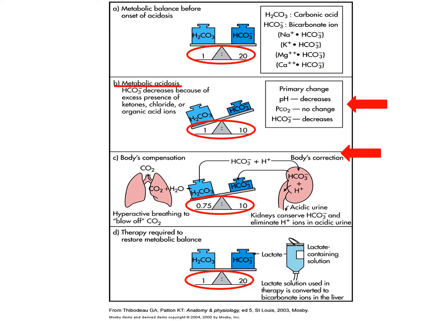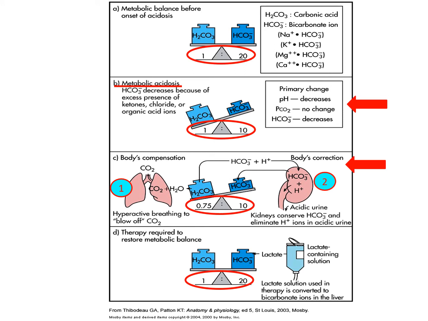In order to compensate for the fall in pH, hyperventilation or rapid breathing sets in to blow off the carbon dioxide. As we know, respiratory compensation is insufficient to correct the pH fall due to the high amount of fixed acids. Renal compensation has to set in.